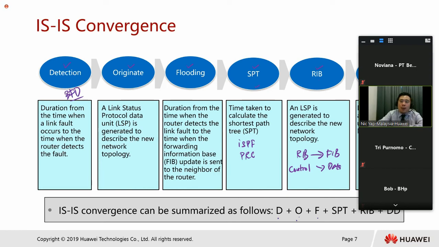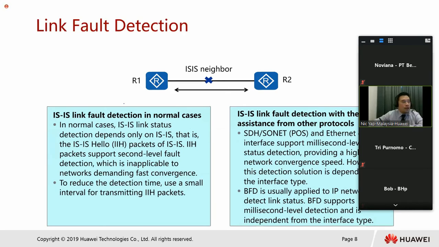Now we look into it one by one. How fast can ISIS perform the link fault detection? In the normal case, they use the ISIS hello to do the detection. It can be based on 3 seconds, 3.3 seconds, or 10 seconds of the ISIS hello.